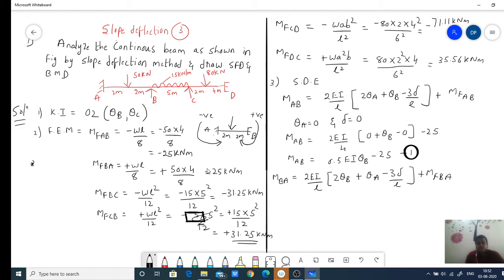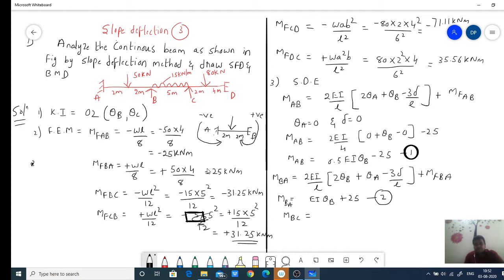When you substitute the values, once again you know that theta A will be 0 and delta will also be 0. This turns out to be EI theta B plus 25. So this will be my equation number 2, MBA.